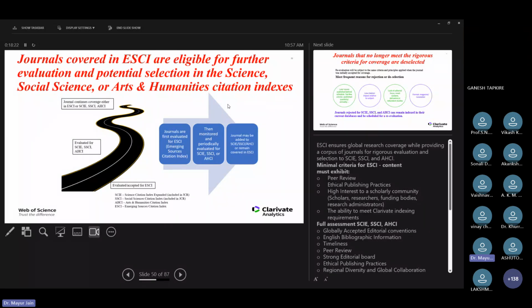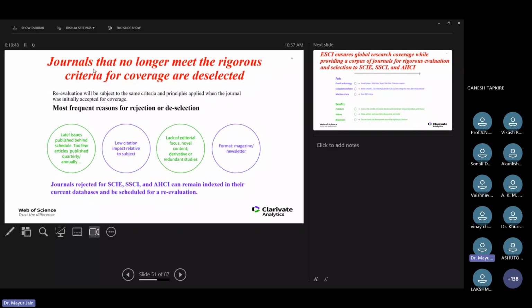It is very important to understand that if the journal you selected is in the ESCI, probably it has gone through some rigorous review based on different criteria, and it is further eligible for evaluation and potential selection in the SCI. This is the simple understanding of what is ESCI and what is SCI, right? Okay. And then journals that no longer meet the rigorous criteria for coverage are deselected, right?